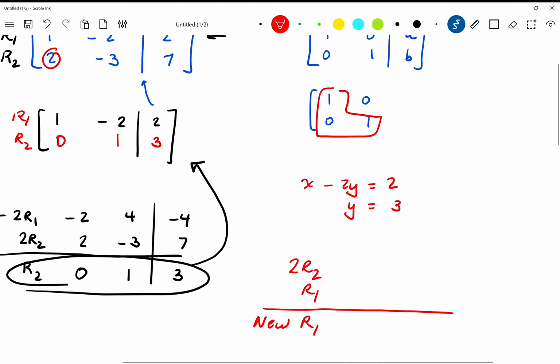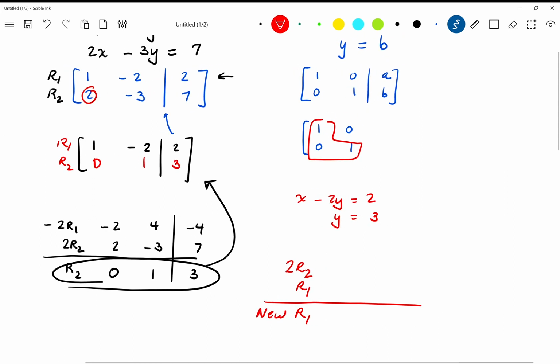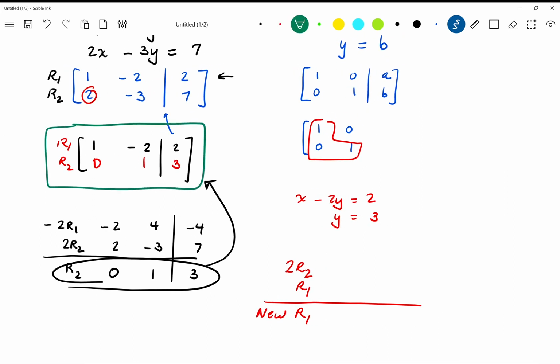I want that to be my new first row. So 2 times R2, and again, keep in mind, I'm using this matrix now, because this was the next step. So 2 times R2 is 0, 2, and I'm going to draw the vertical line again, and that's 6. And R1 is 1, -2, 2, and I get 1, 0, 8.